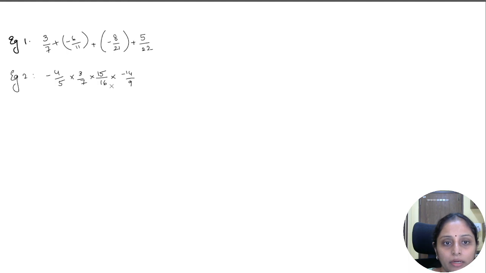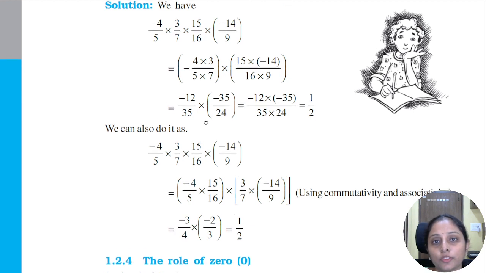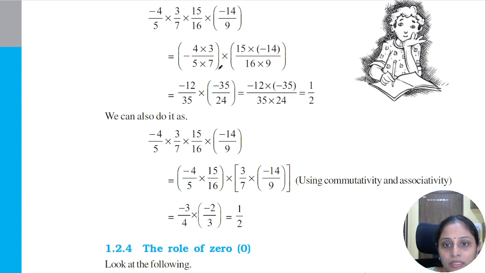So now here, in order to simplify this, one way is you are going to find the numerator 4 into 3 into 15 into minus 14, and then the denominator 5 into 7 into 16 into 9, right? And then you will simplify it. Or you can again, like in the earlier case, group them so that the cancellations become easier and then simplify it, right?